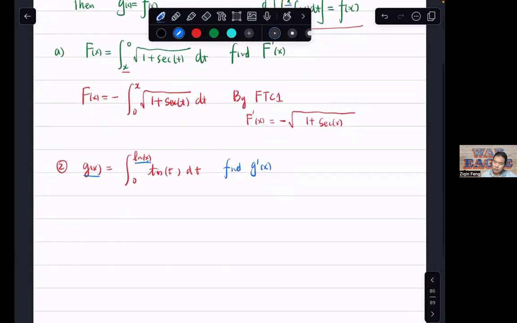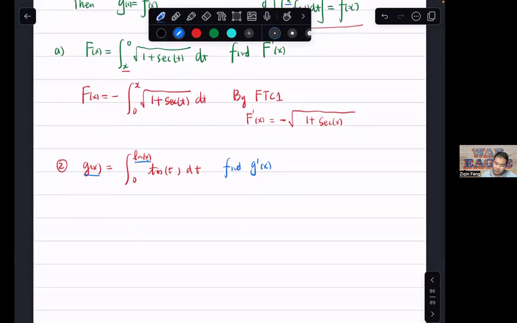So we just try to understand this function better. So this function is basically a composition of two functions. Outer function is this integral function. Inner function is natural log of x, right?